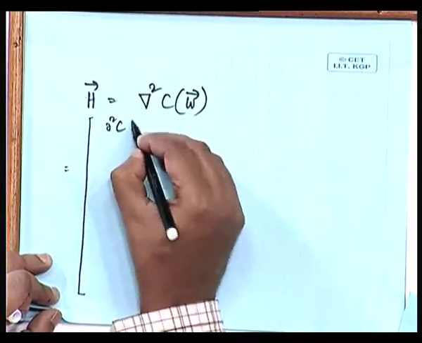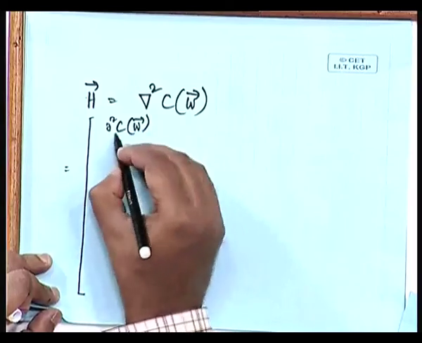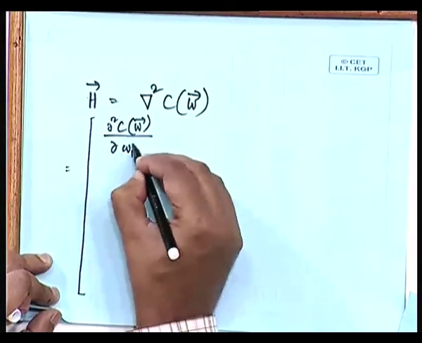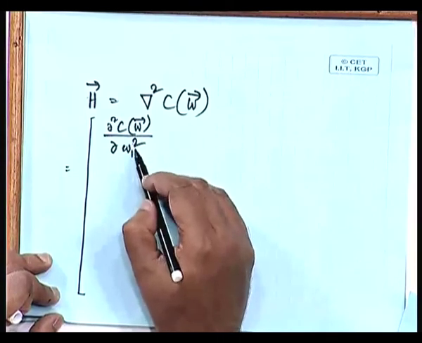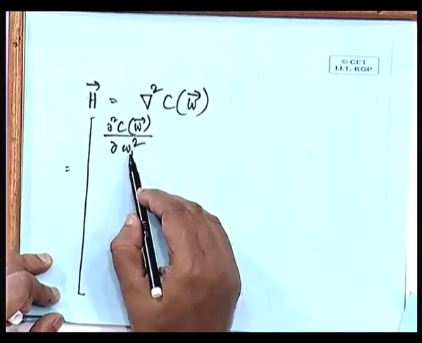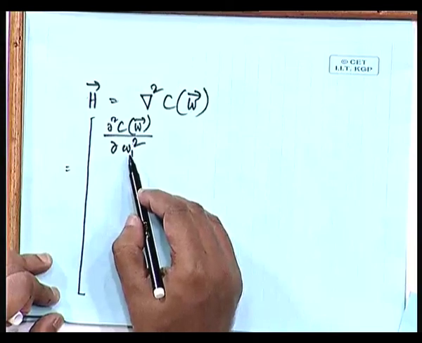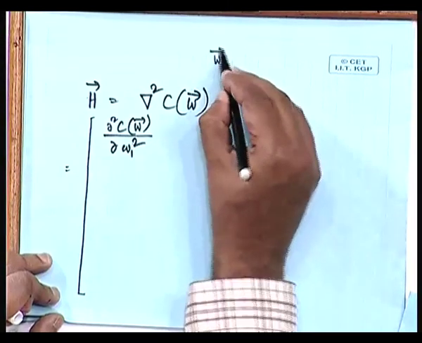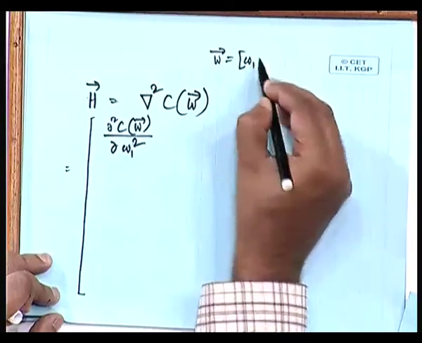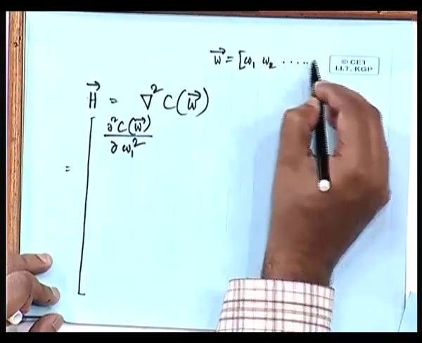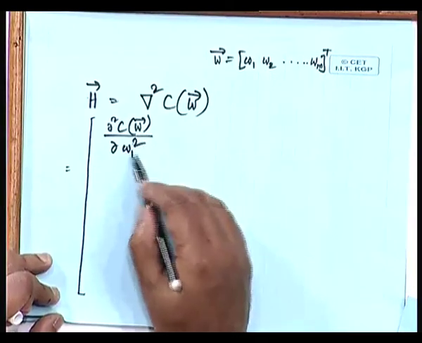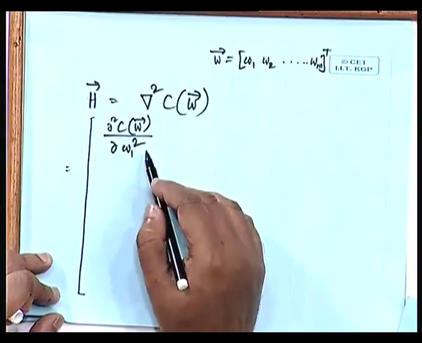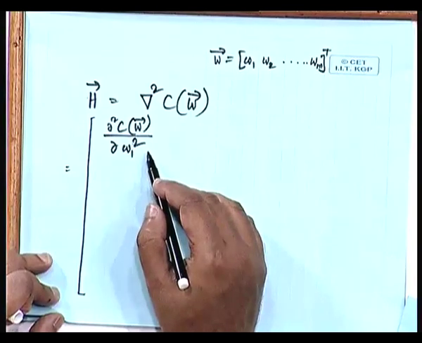Del square C of W by del W1 square. This is the second derivative with respect to W1, because W1 is the first element of the weight vector. The weight vector is again W1, W2 up to Wm transpose. So at first we have to take the second derivative with respect to W1.